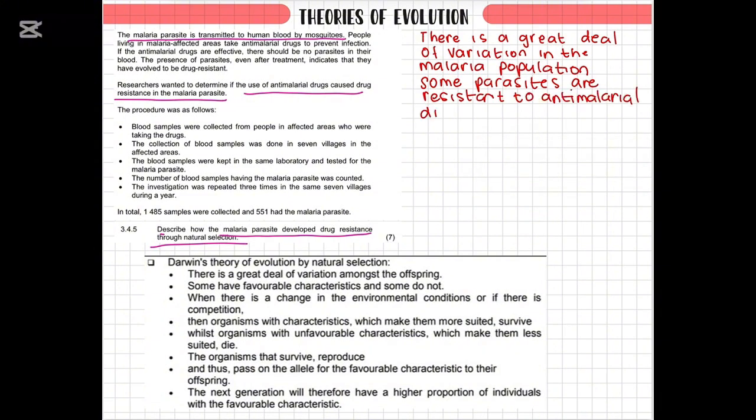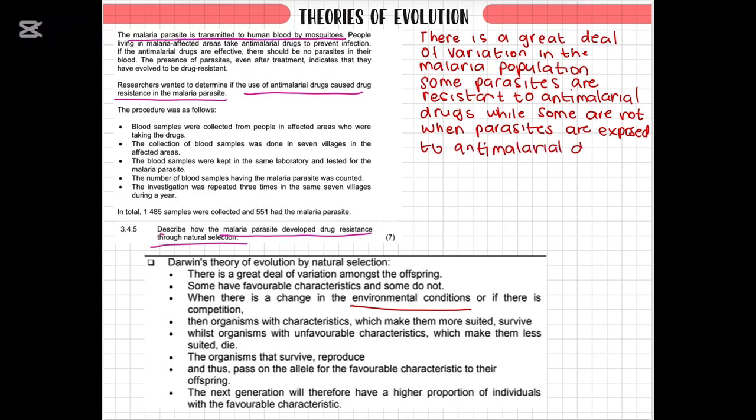So some are resistant to the antimalarial drugs, some are not resistant to it. So when there is a change in environmental conditions, in this case, the antimalarial drug being exposed to them, those that are not resistant die, while those that are resistant survive.